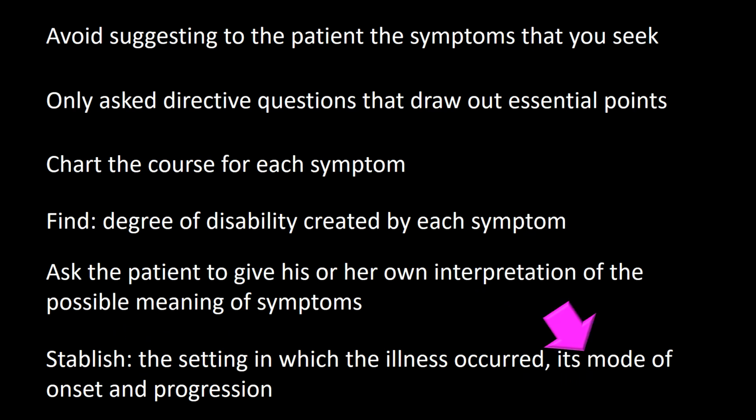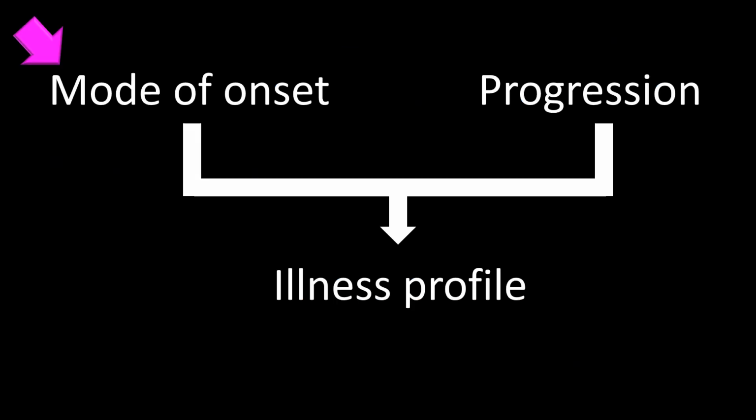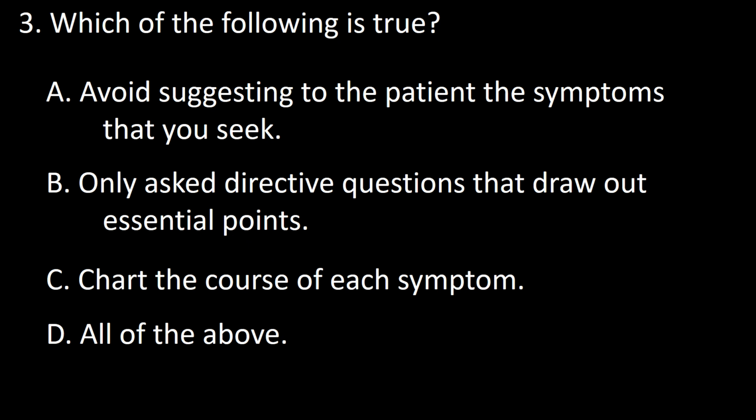I will now briefly mention the mode of onset and progression, just to say that it is the mode of onset and progression that determines the illness profile. We will talk much about this later on in this talk. So the answer to this question is D.